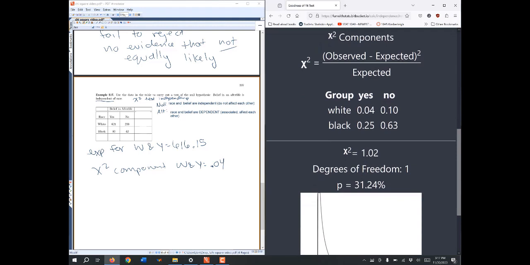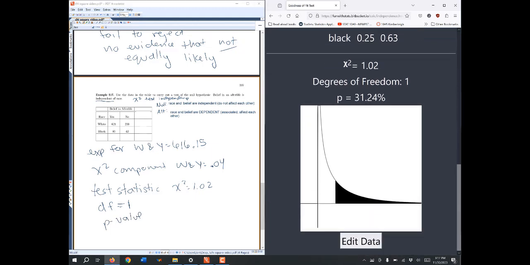And then I can keep going down, so I can tell you my test statistic. Chi-squared equals 1.02. I can tell you degrees of freedom, it just tells me right there is 1. And my p-value, well, as always, you take your curve and you say, here's my test statistic of 1.02, and you're looking for the area to the right.